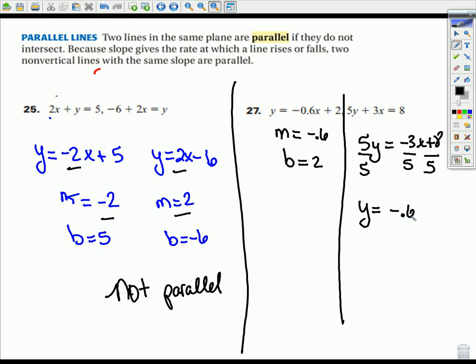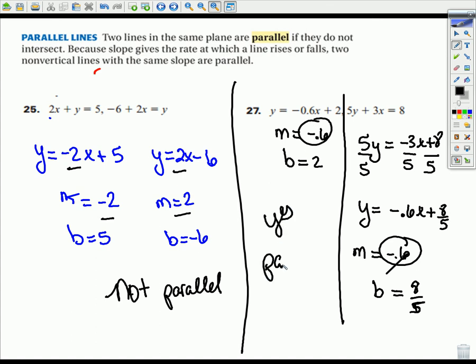So it is negative 6/10 x plus, I'm going to leave this as 8/5 because it doesn't really matter as long as it's not 2. So my slope is negative 6/10 and my y-intercept is 8/5. My slope is the same, so yes, they are parallel.